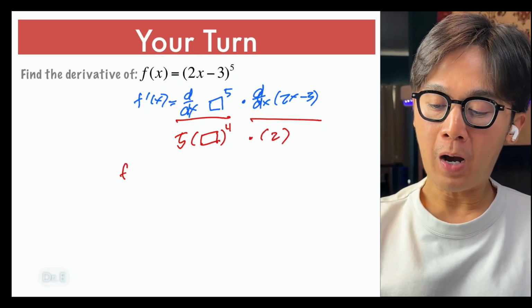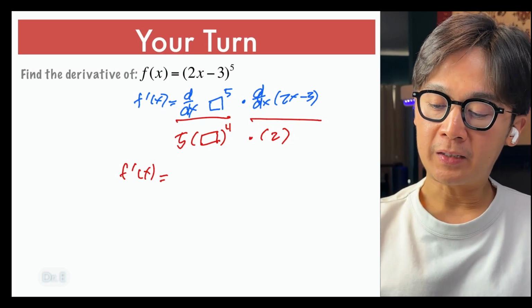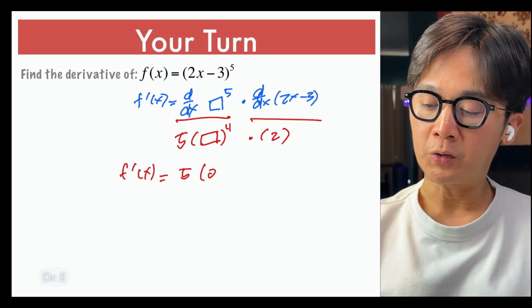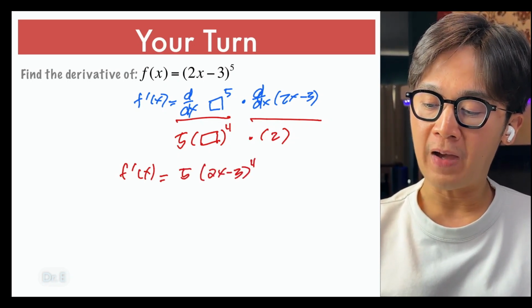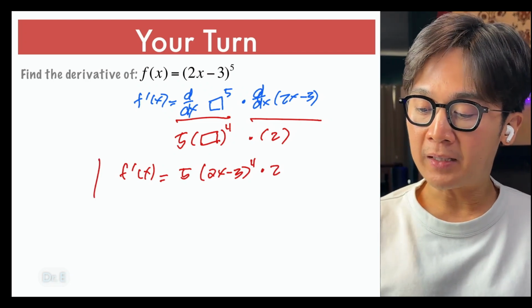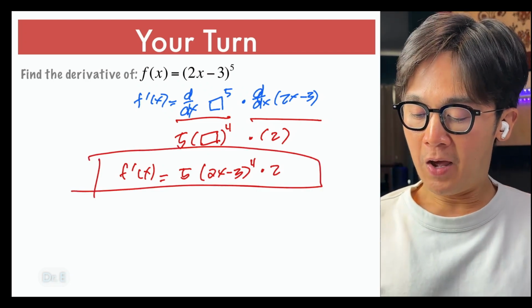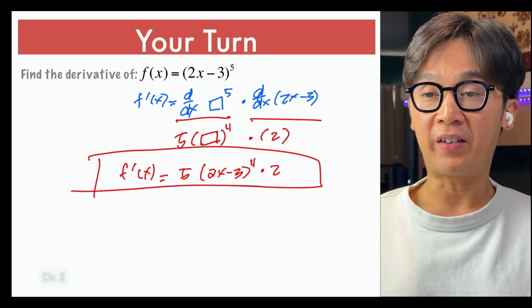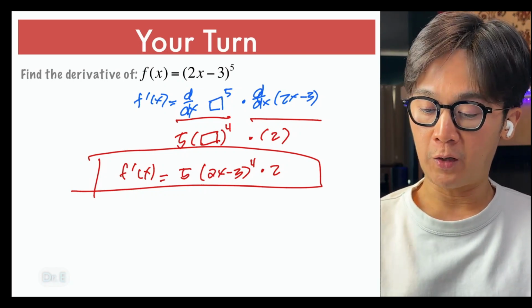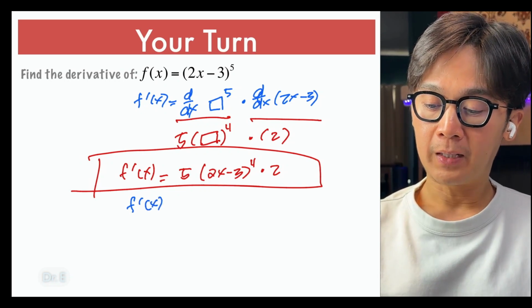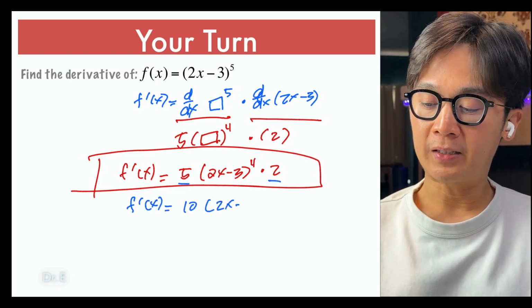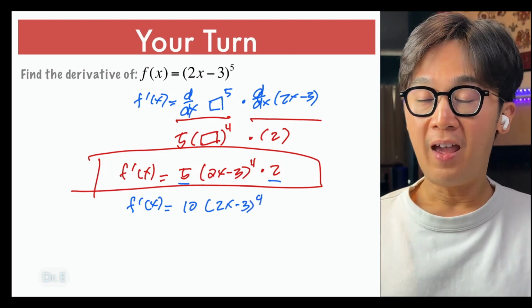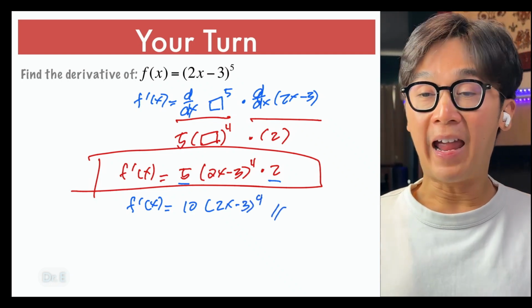And now we have f prime of x, which is 5 quantity 2x minus 3 to the 4th power times 2. And this is basically your answer. But since algebra is all about simplification of your functions, f prime of x is going to be 10 times 2x minus 3 to the 4th. And this is your final answer.